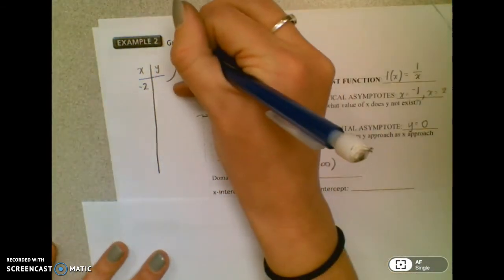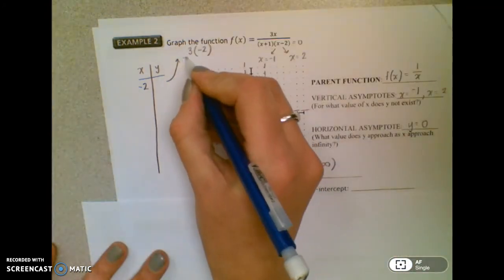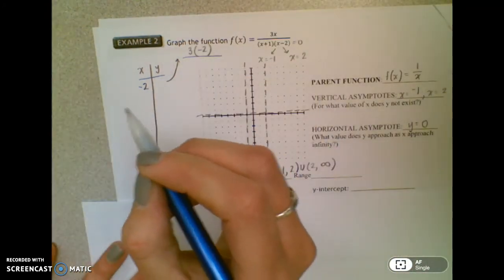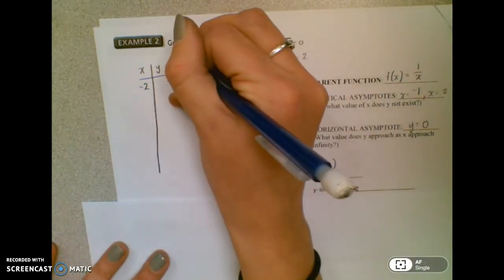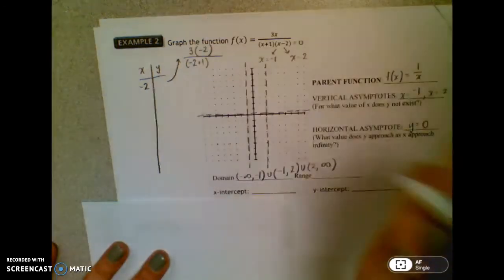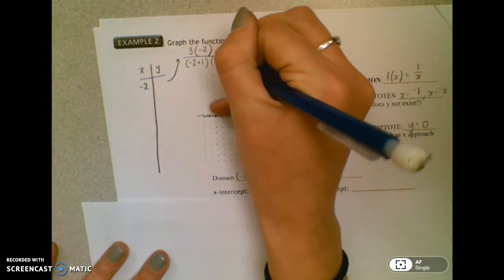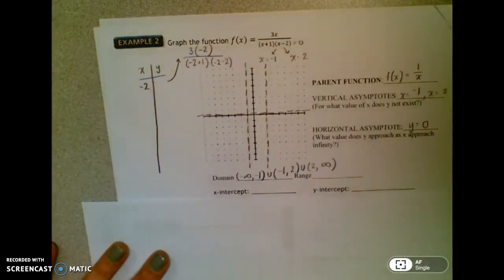I have 3 times x, which is -2. Continue inputting -2 in for x. And then simplify to find your output.